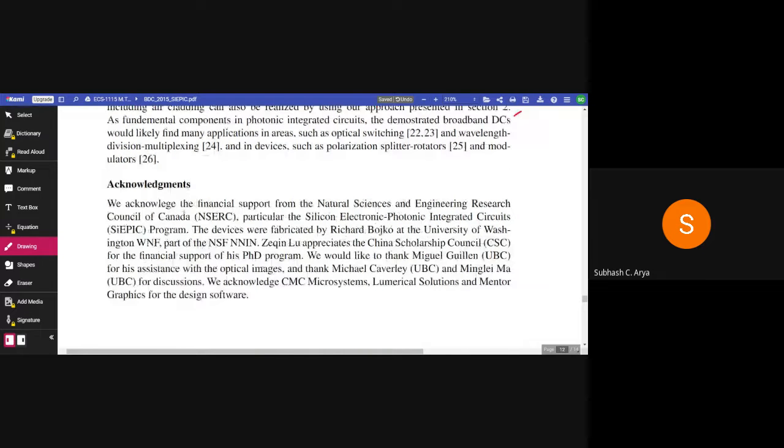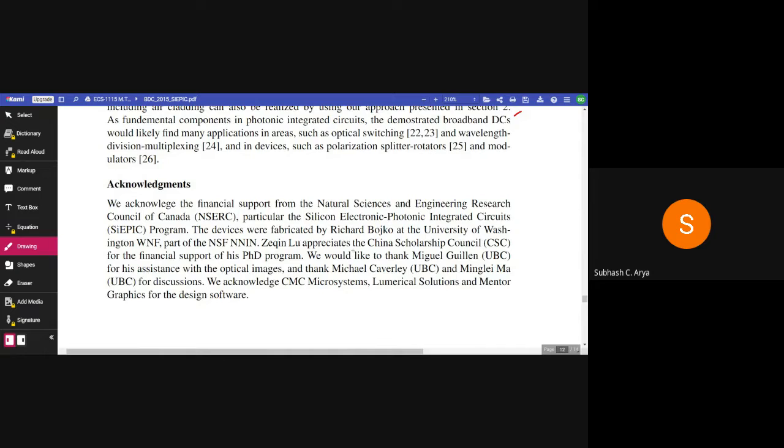Acknowledgement. We acknowledge the financial support from the Natural Sciences and Engineering Research Council of Canada and SERC, particularly the Silicon Electronic Photonic Integrated Circuits (SiEPIC) program. The devices were fabricated by Richard Bojko at the University of Washington, WNF, part of the NSF and NNIN.